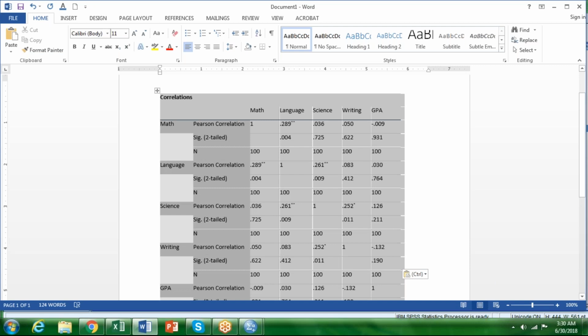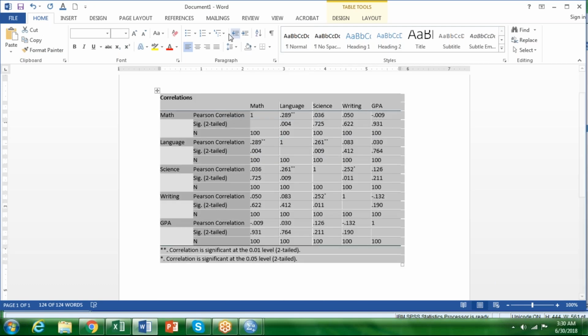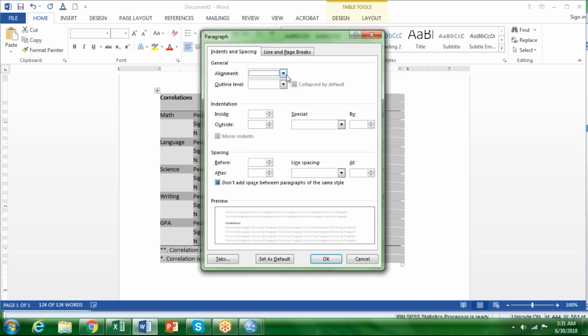Make sure your Word justification is correct, that your indentions are 0, that there's no hanging indent, and no spacing before or after.